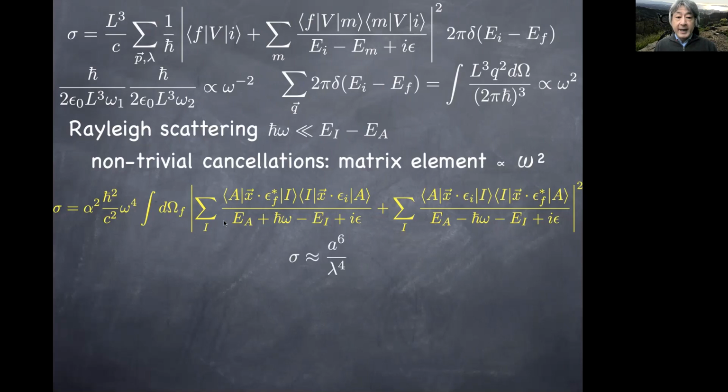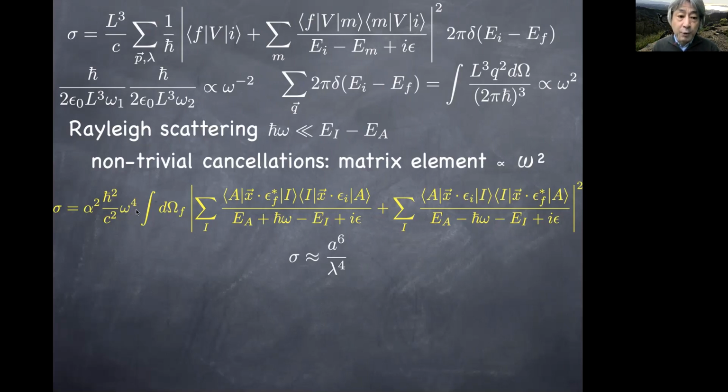So at the end of the day, if you fully go through this calculation, then the cross-section goes like this. Omega, which is the angular frequency of the photon, is c over the wavelength of the photon, right? There's a factor of 2 pi, but apart from that, omega is basically 1 over lambda.